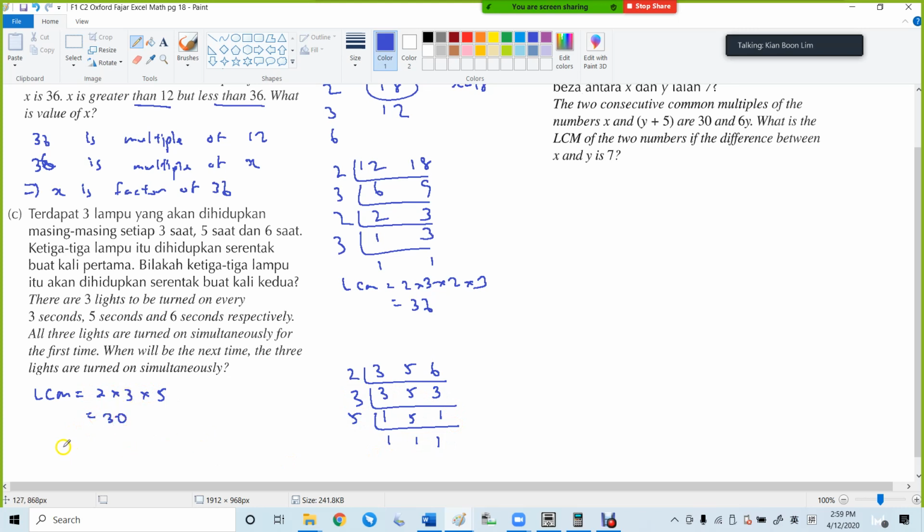So after 30 seconds, the three lights will turn on simultaneously. We know the multiples of 3 include 30, and 5: 10, 15, 20, 25, 30, and 6: 12, 18, 24, 30. Okay, so 30.